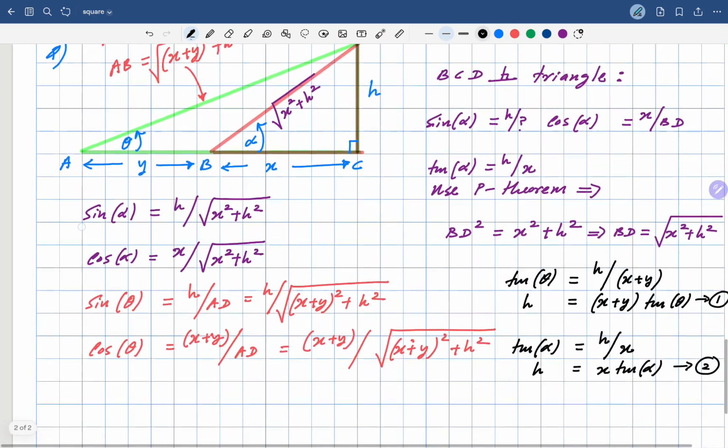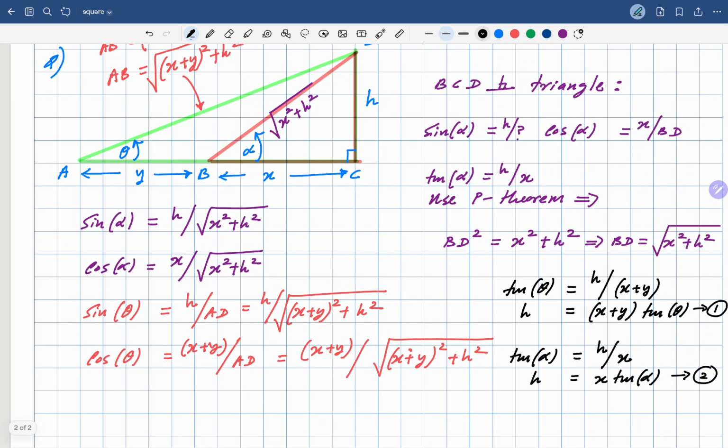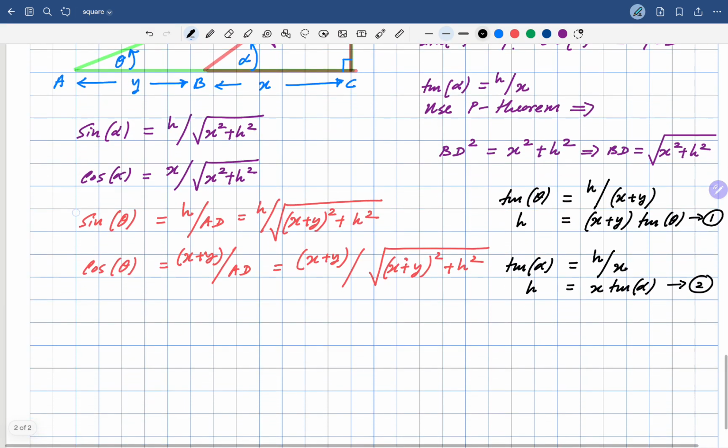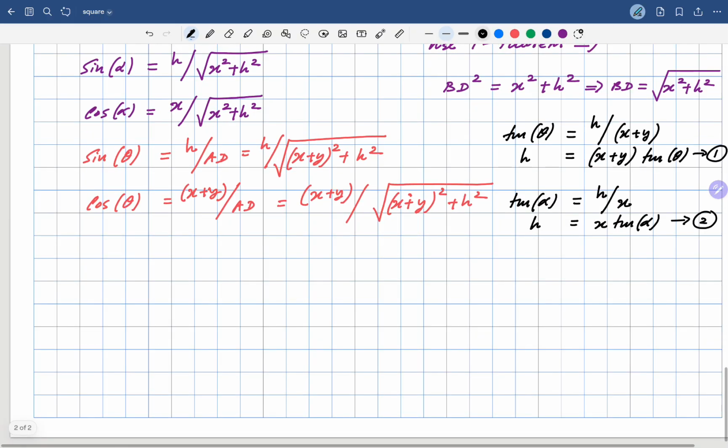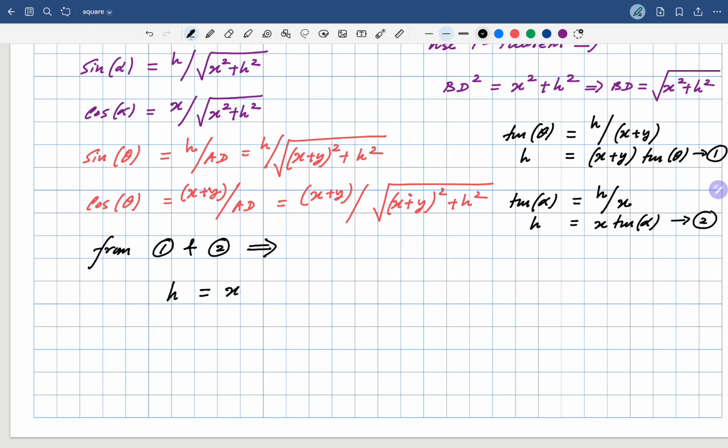Now what we did was we used two triangles to find the h value, so alpha and theta are both involved. From 1 and 2 you can see h is equal to (x plus y) tan theta, and that is equal to x tan alpha.